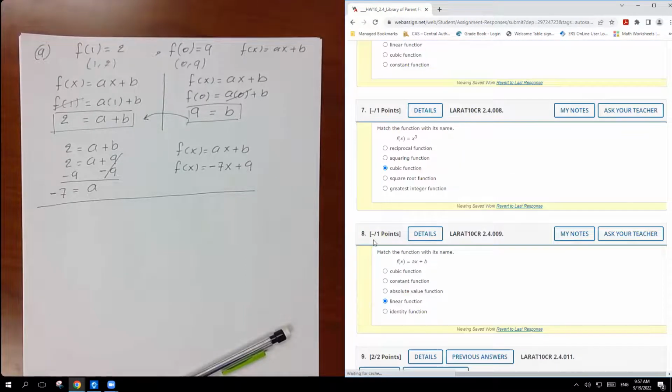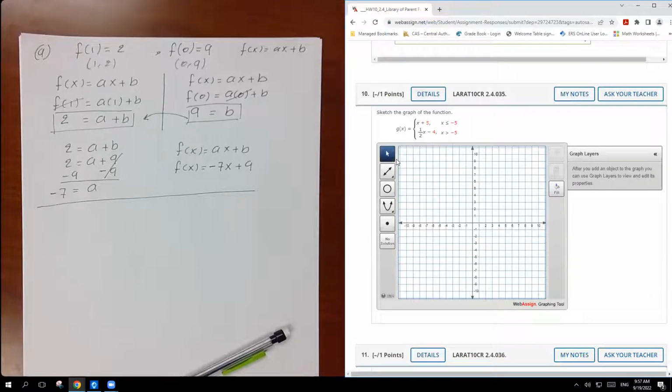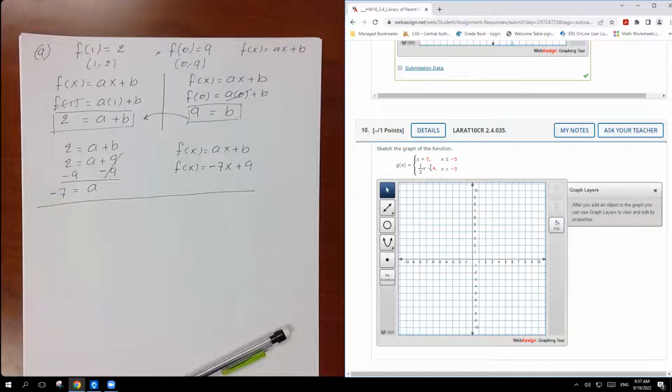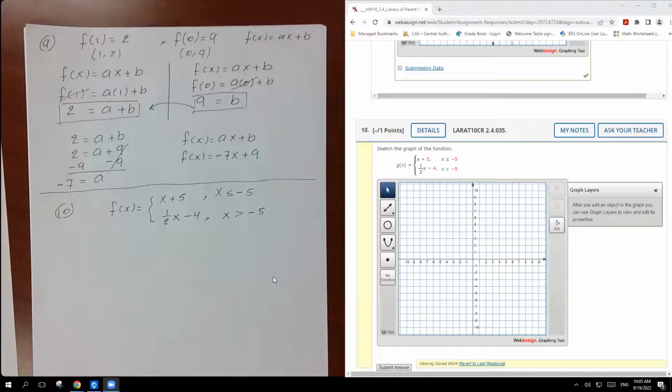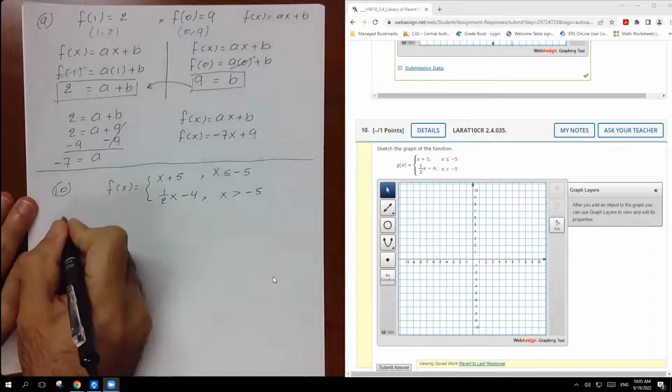Let's keep going on the next part, how to graph the piecewise function. That's really important. So let's check how we're going to graph a piecewise function. So the first thing, do these steps exactly the same. We're going to create a table.